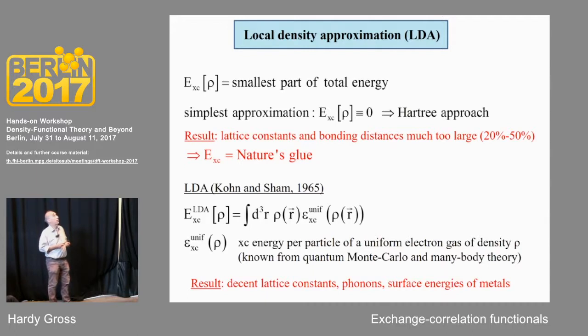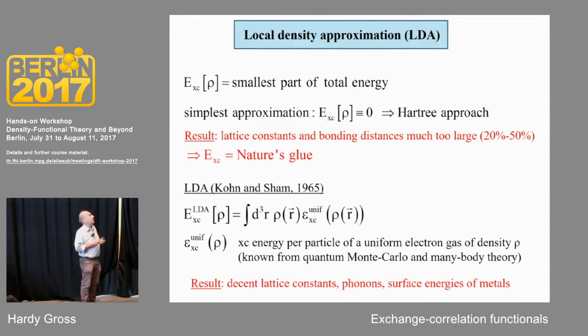Results are not good at all. Lattice constants and bonding distances are typically much too large. And that's why some people say, well, the exchange correlation energy is nature's glue. Right? It binds the atoms together. Right? It leads to a stronger binding.